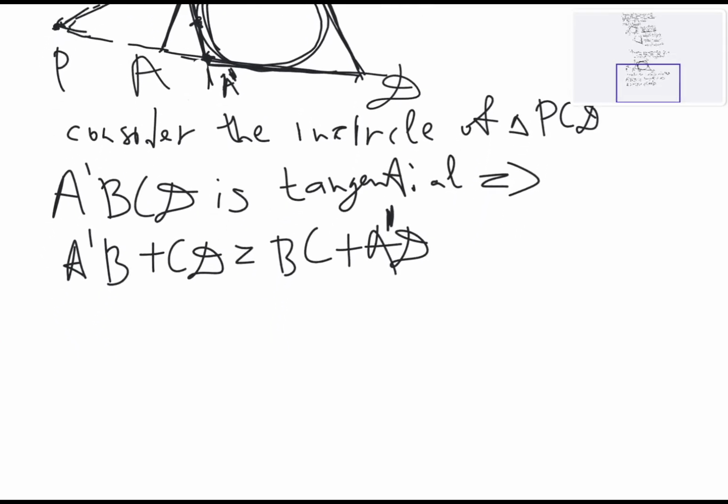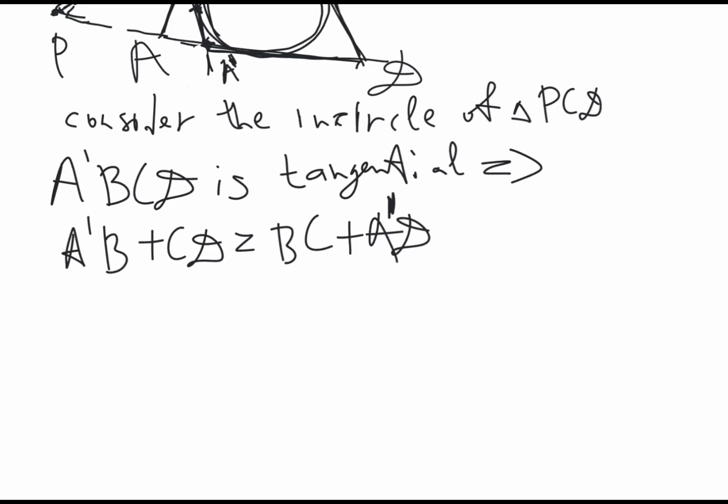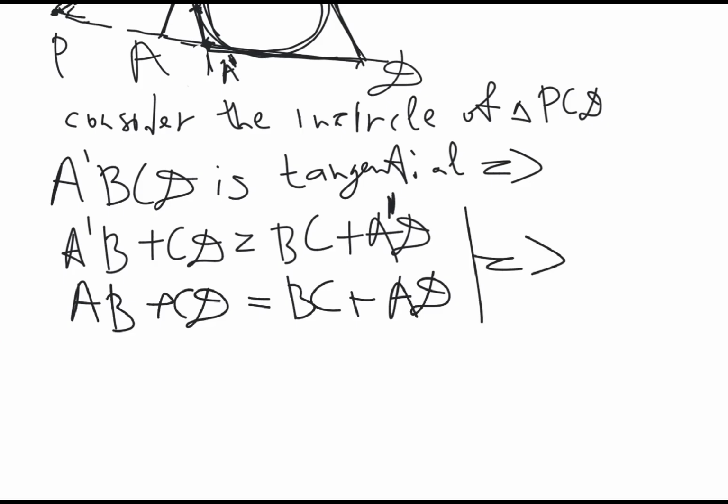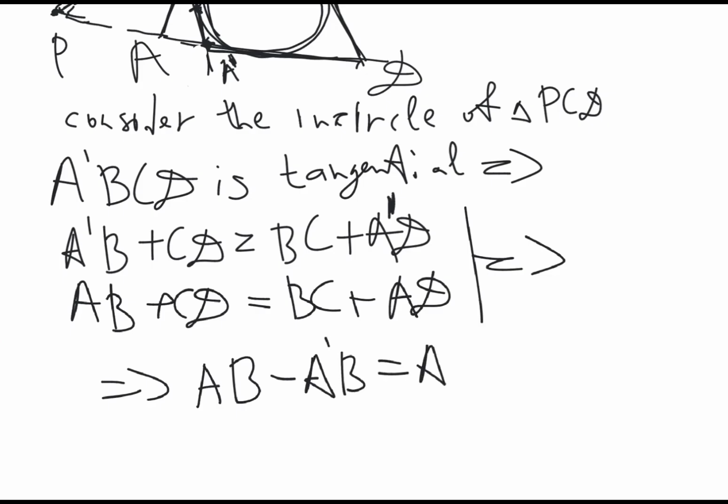So from the original statement that AB plus CD is equal to BC plus AD, and from these two, subtracting one from the other, we conclude that AB minus A prime B is equal to AD minus A prime D, right?